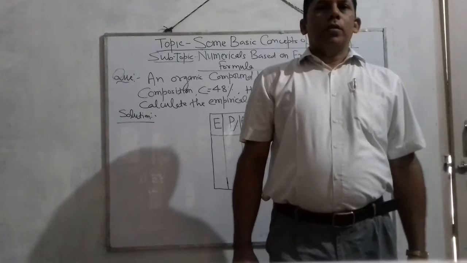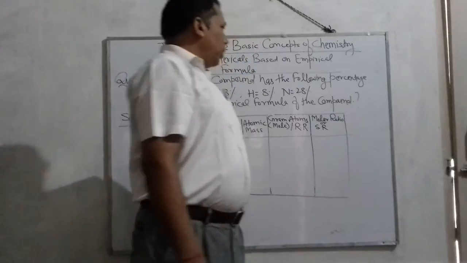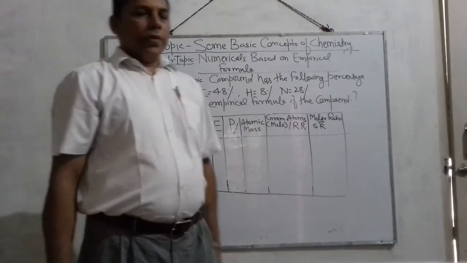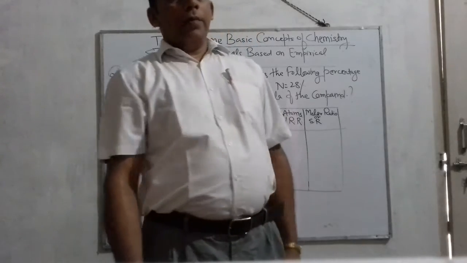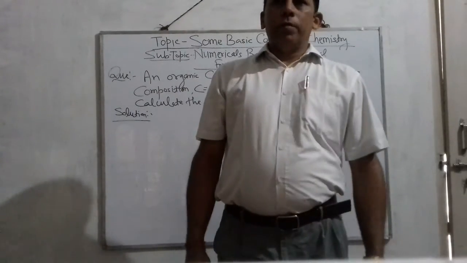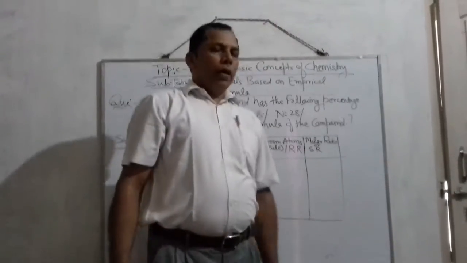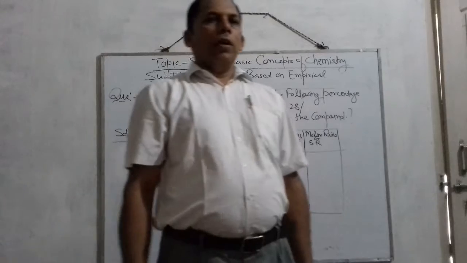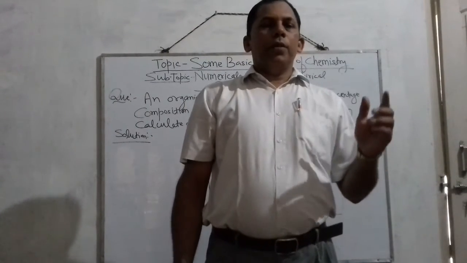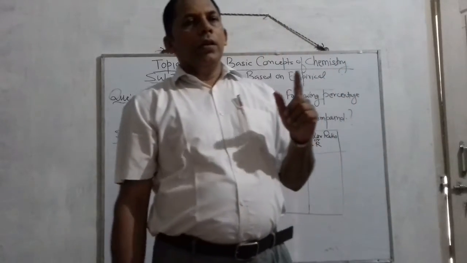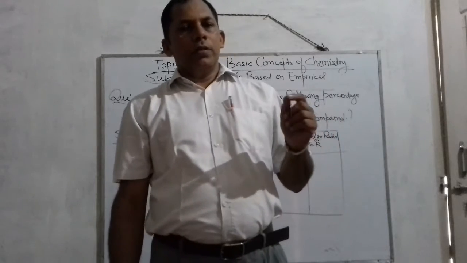So if you know the steps or rules which have been explained by me, then you will be in a position to determine the empirical formula of a compound. So you must remember the steps involved.